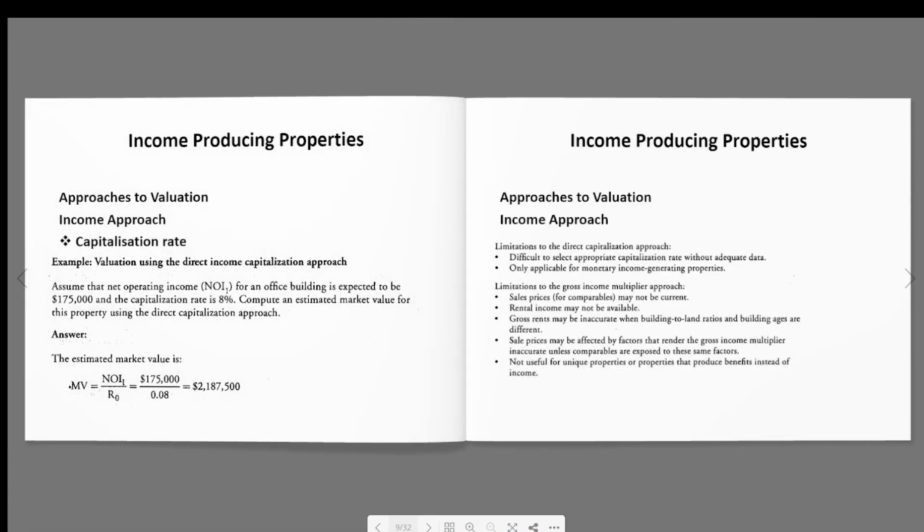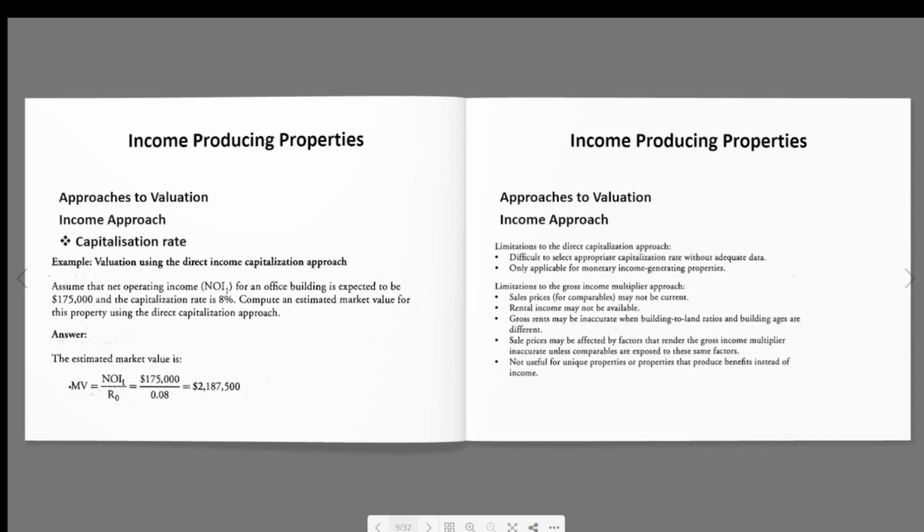Let's look at an example with the capitalization rate. Assume that net operating income for an office building is expected to be $175,000 and the capitalization rate is 8%. Compute the estimated market value for this property using the direct capitalization approach.